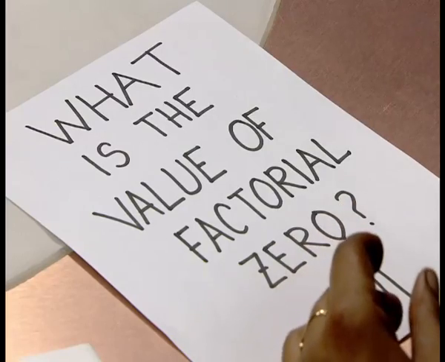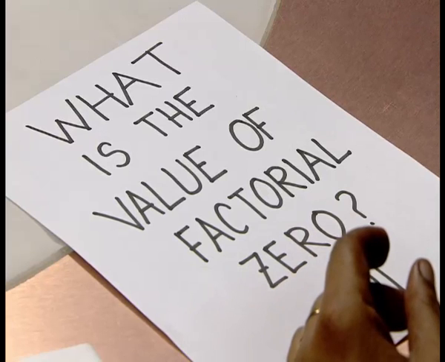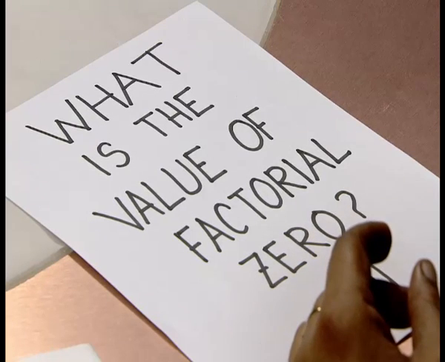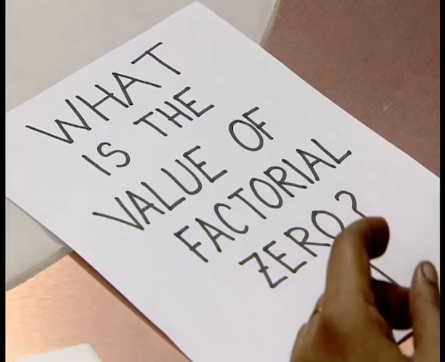Now, let us take up the first application, that is the value of factorial 0. What is the value of factorial 0? We are aware of the relation factorial n is equal to n into n minus 1 into n minus 2, and we go on up to 3 into 2 into 1, that is, the product of all integers starting from n.